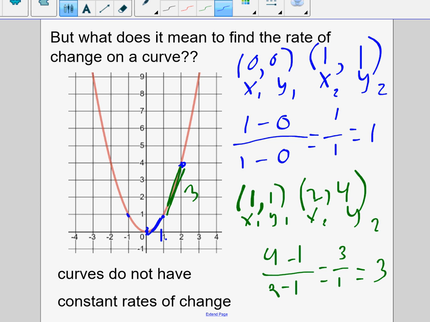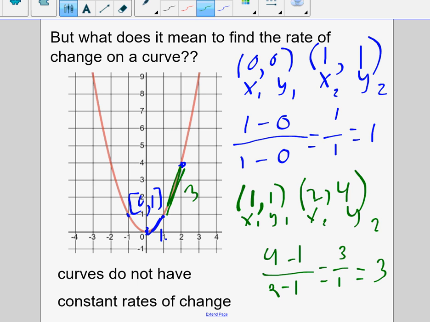So if we were going to write these rates of change that we already found in interval notation, this first one where we went from (0, 0) to (1, 1), we can say this graph has an average rate of change of 1 on the interval [0, 1], because we went from the x value 0 to the x value 1.